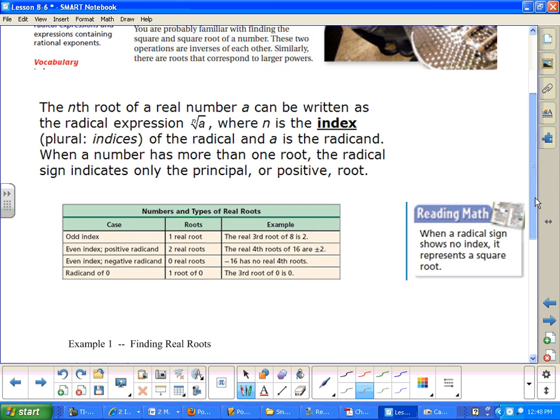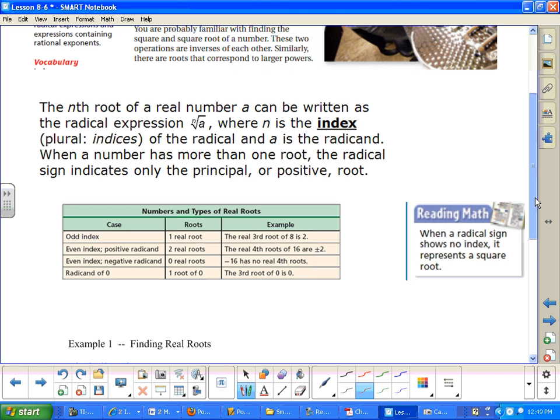What that root refers to is: a to what power equals that number? So that's like comparing a to the 5th power, a to the 4th power. In this case, n is called the index of the radical, and a is the radicand.